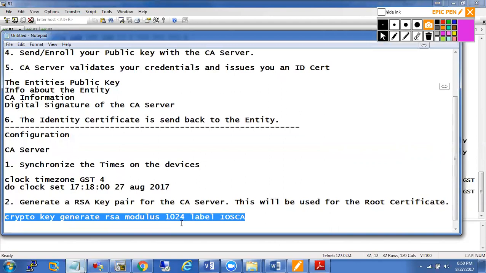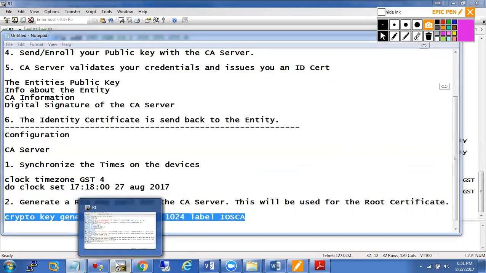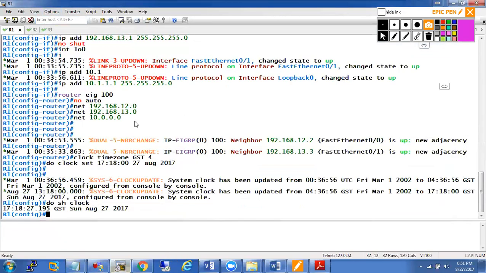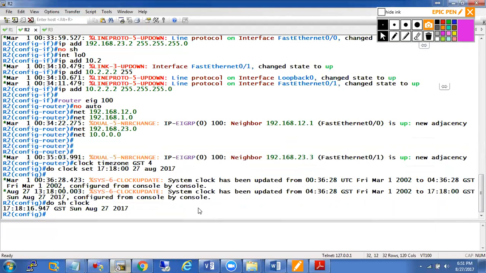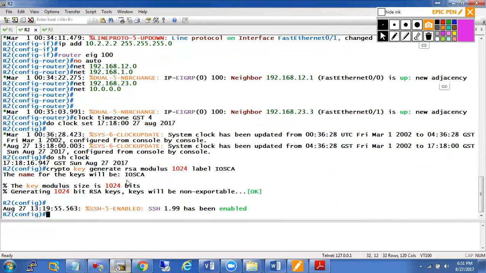This is the one that will be used for the root certificate, not the identity certificate. So I'll go ahead and do this again on router 2, my CA server. So it's generating the key, and the name of the keys will be IOSCA.